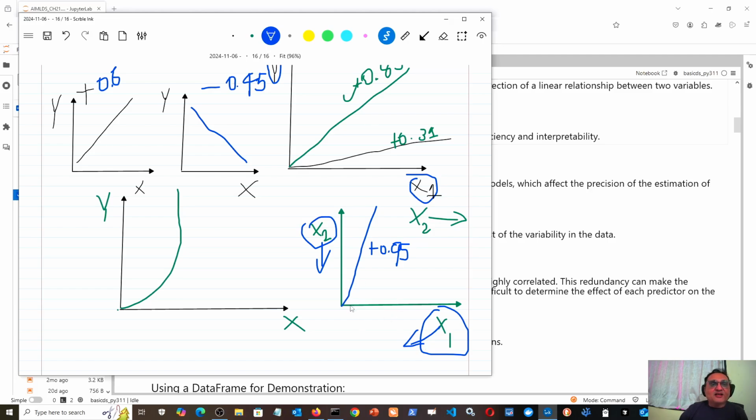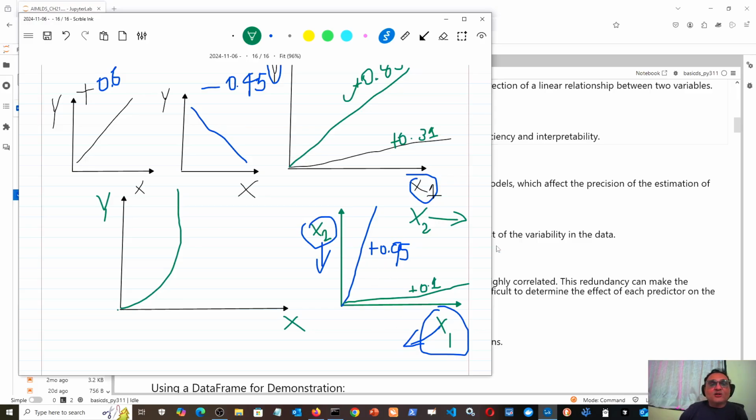But if x1 and x2 are connected in this manner, the correlation between them is very weak, maybe plus 0.1 only. In that case I cannot remove either x1 or x2, because if I remove x2 and keep only x1, x1 can capture 100% of its own information, but it can capture only 10% of the information provided by the other independent variable.